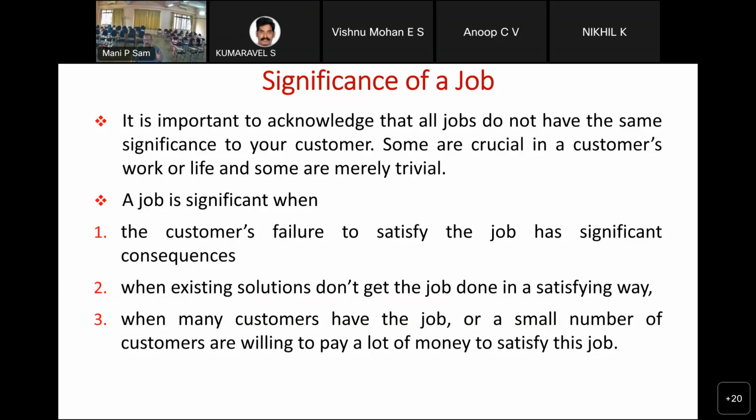And that number is small customers, but they are willing to pay a large amount. So all these three aspects have to be considered when you are trying to make your value proposition to meet the job to be done by the customer.